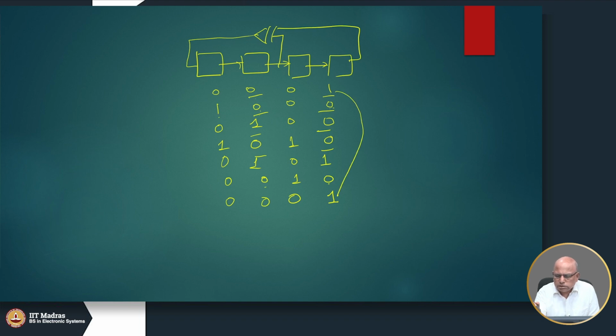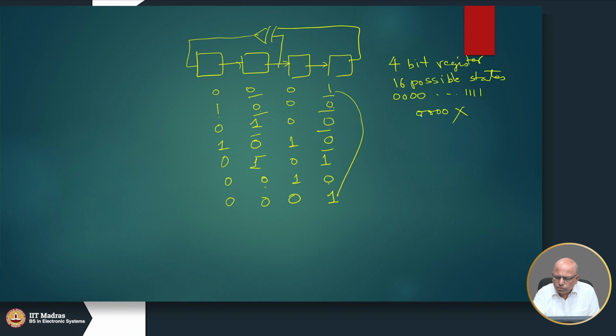Okay. So, it is a 4-bit register, so it can have 16 possible states, from 0 0 0 0 to 1 1 1 1. See, 0 0 0 0 is not allowed because that will lock the LFSR into the same state forever.